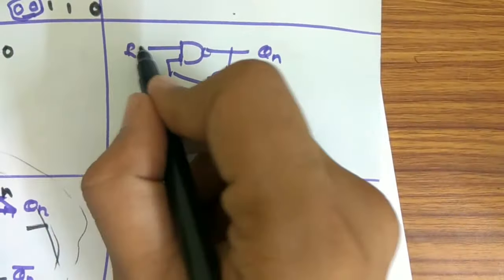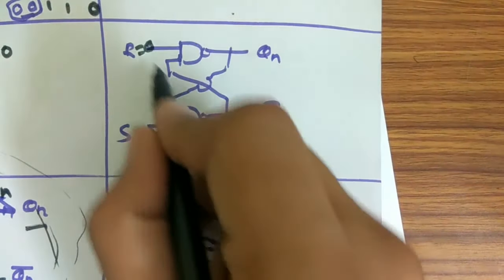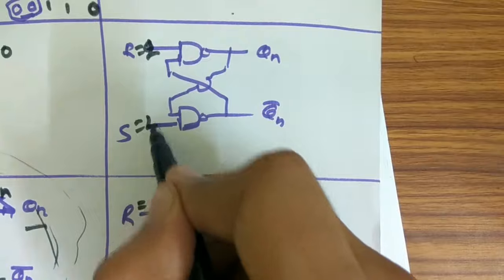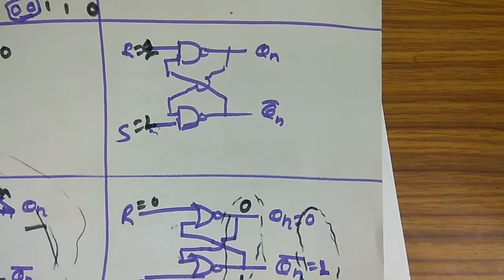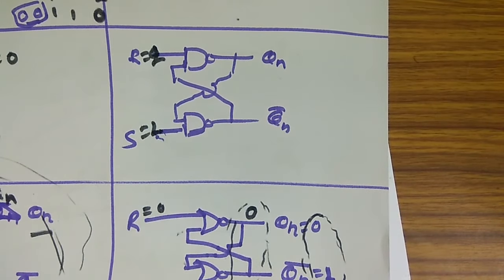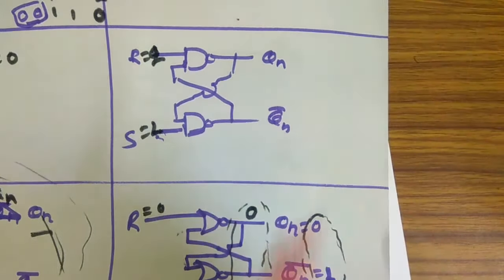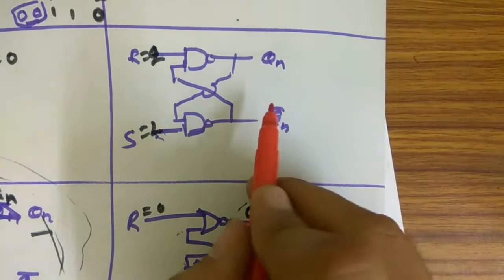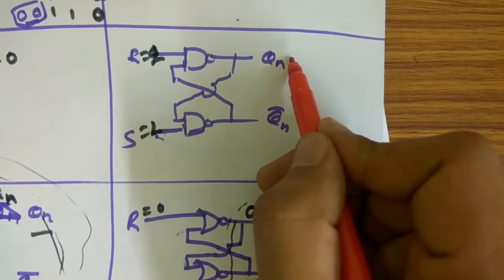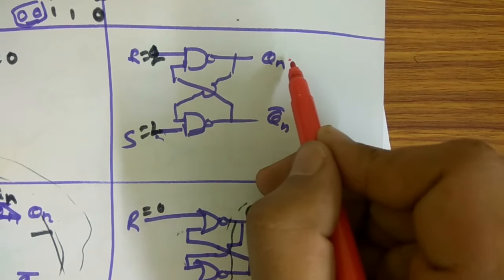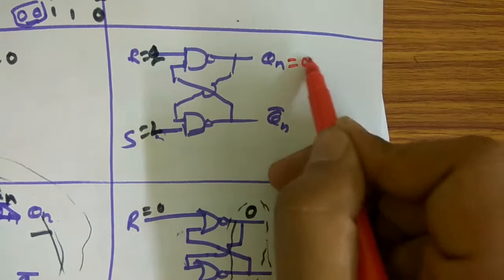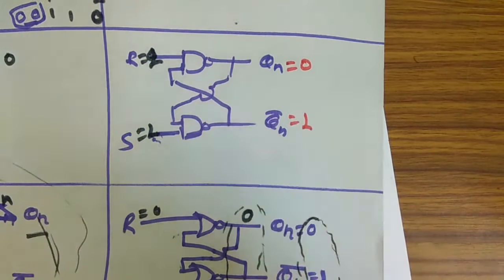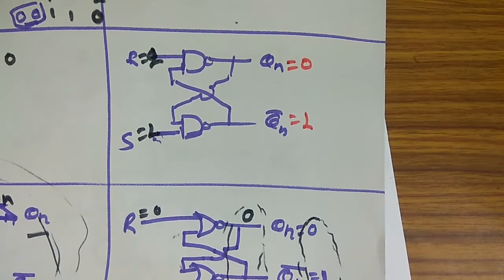Then we will consider the last condition. Here S and R are 1 and 1. So we know that we don't have any disable input. So what I have said is that if we don't have any disable input, then we will take the previous output. Suppose the previous output is 0 and 1.